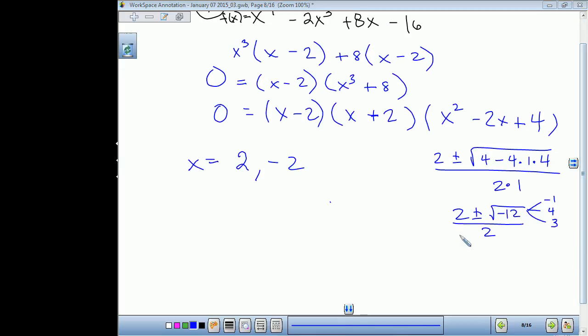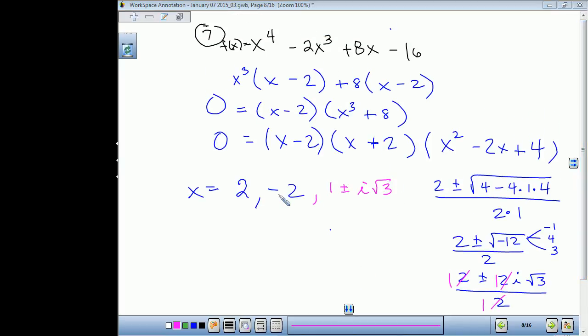So it's 2i root 3. So it's 2 plus or minus 2i root 3, all over 2. Does everybody see each one of these terms has a common factor of 2? So 2 goes into each, and we're left with 1 plus or minus i root 3.